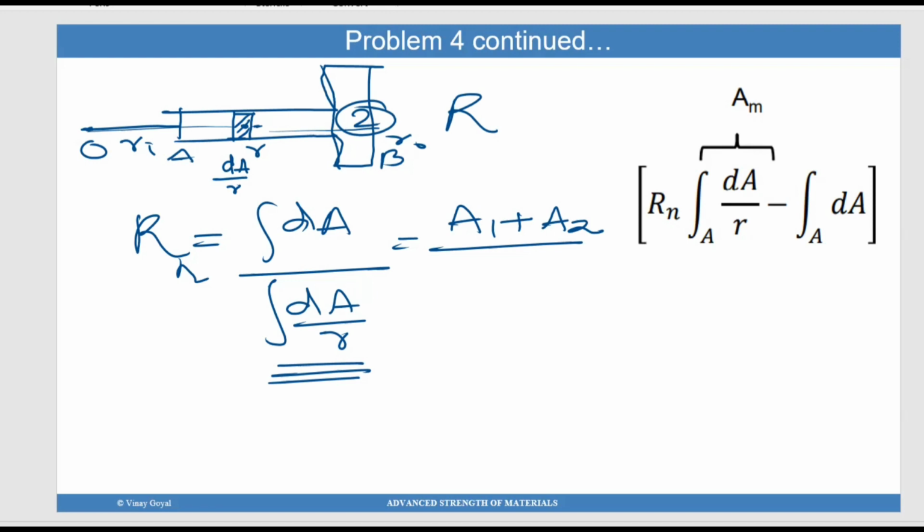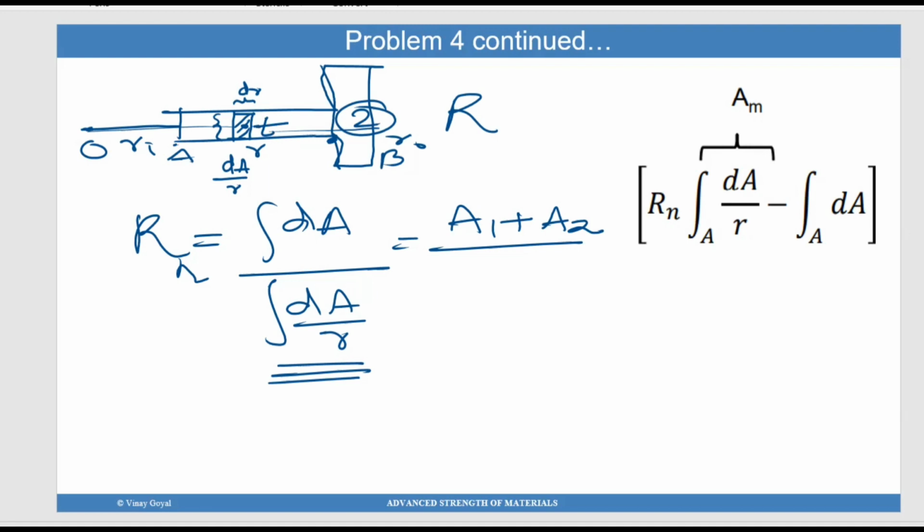The dA is going to be this thickness into dr. We are taking a small part of the cross section from radius r to radius r plus dr. At any point on this radius, the thickness is going to be the same. So it's this thickness T into dr.